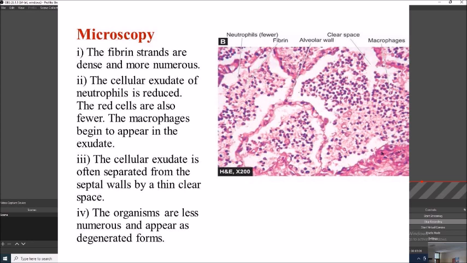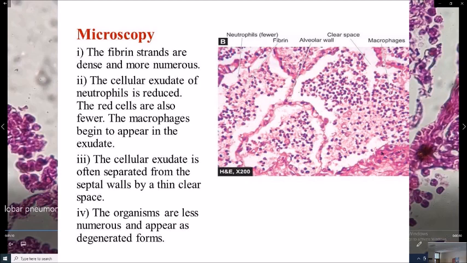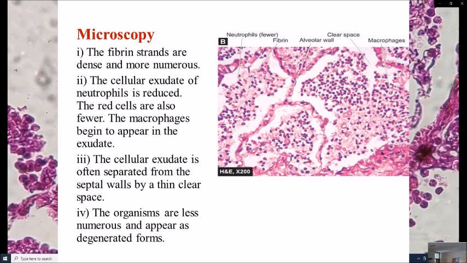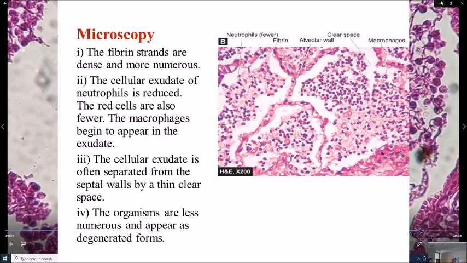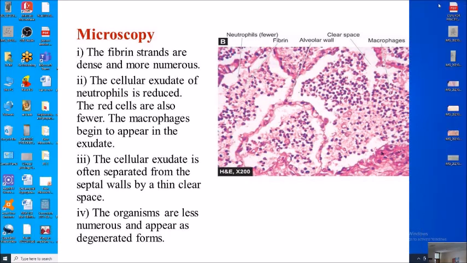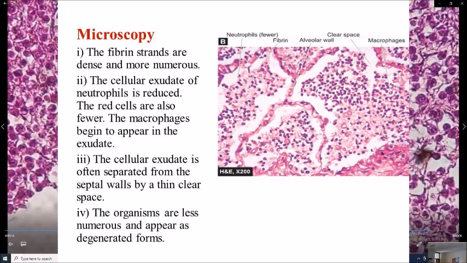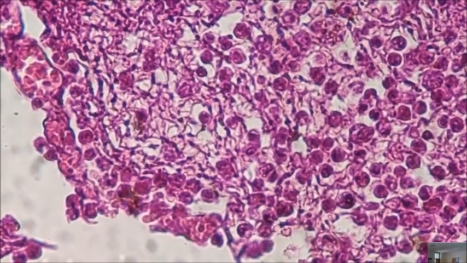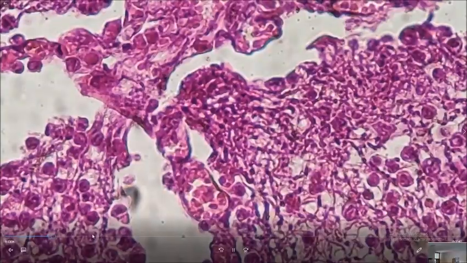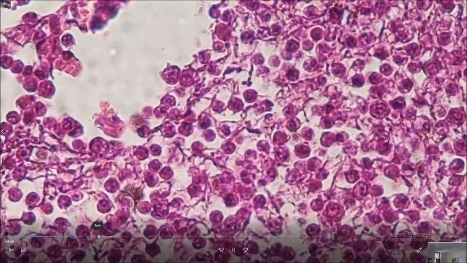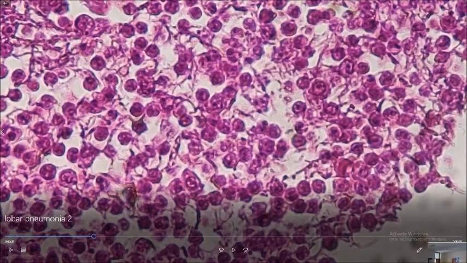So let us see another slide now. Only higher magnification.